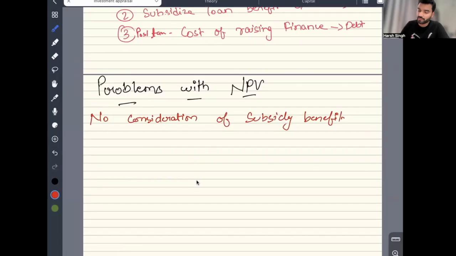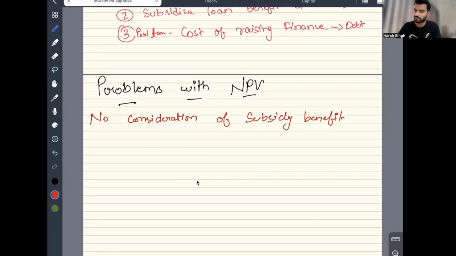Second problem is the interest that we are paying. Whenever we have to take on a loan, we have to pay interest on that loan. Correct? Now, because we are paying interest, we are also getting a tax benefit, but we do not consider that. This is another problem with NPV.